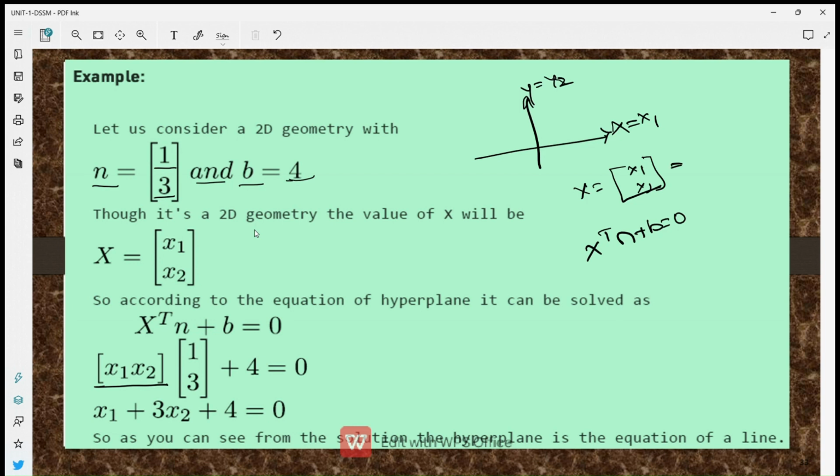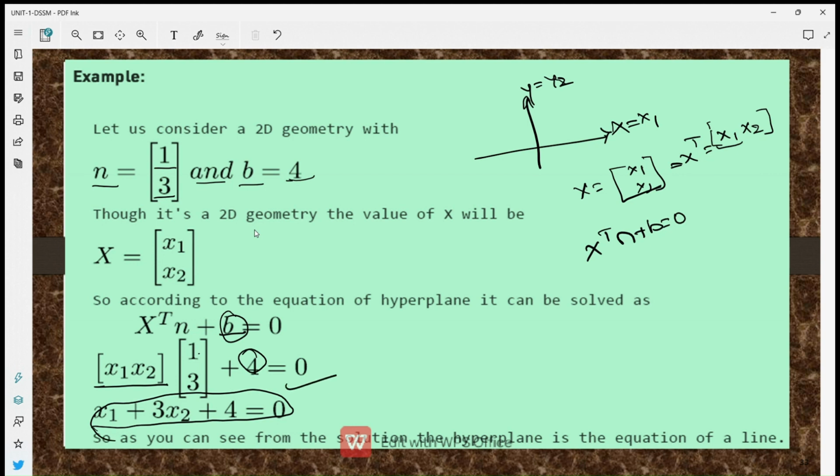When I transpose x, it would be x1 and x2, and n is 1 and 3. Multiplying these values, I get this. In the question itself they gave that the b value is 4. So now I got the equation of the line in the 2D geometry.